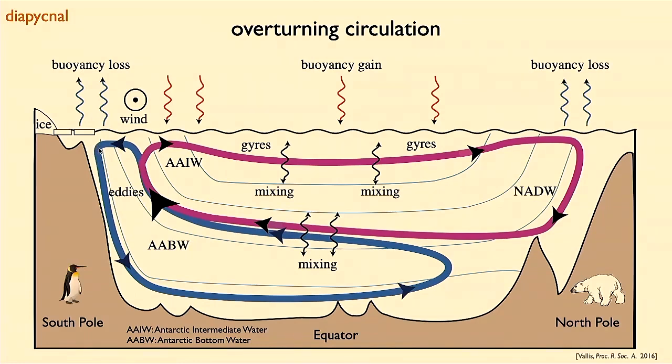They call this type of water that goes down Antarctic Bottom Water, or this other water that is involved in this intermediate cell here, the Antarctic Intermediate Water. We have the North Atlantic Deep Water formation here, and there's a whole zoology of names for different waters that move around the ocean.